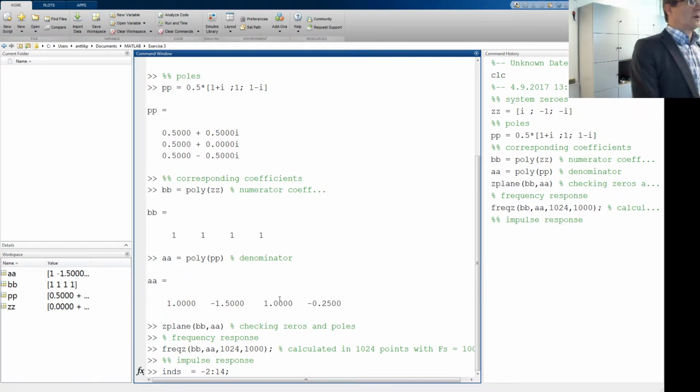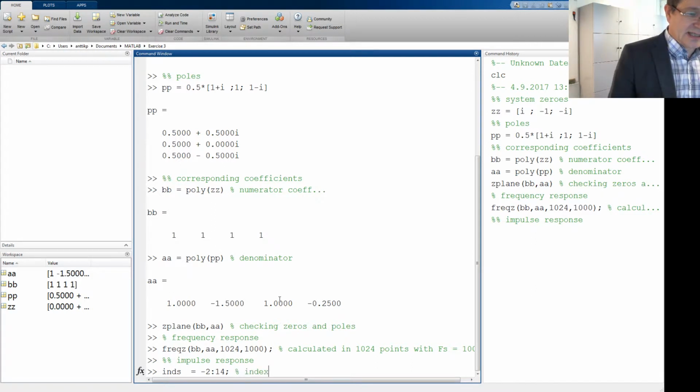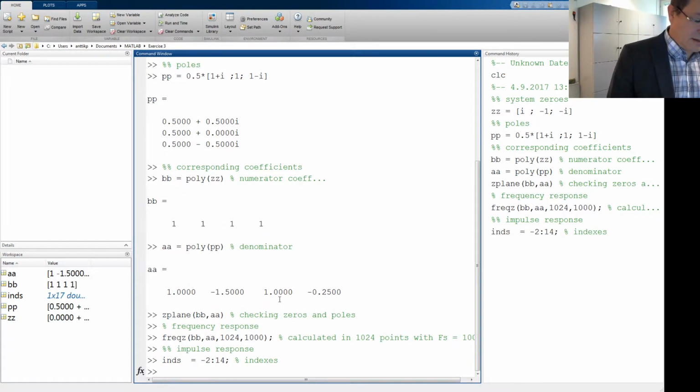I started from minus something because I want to see also a couple of moments before the filter starts, just for that reason. So that's just the indexes. Then the delta function, simply that one hits 0. That's the impulse function.